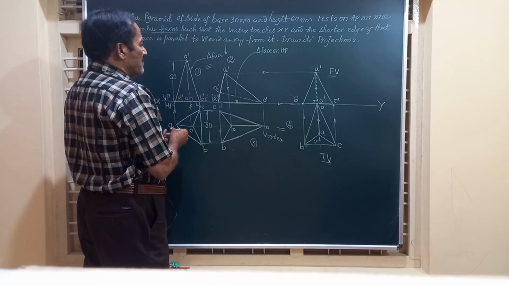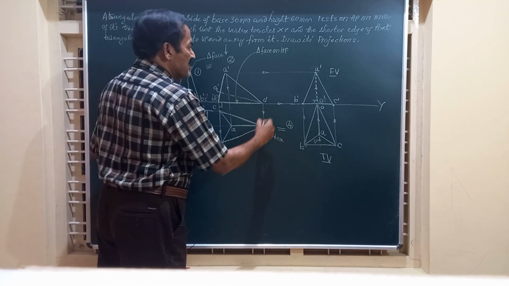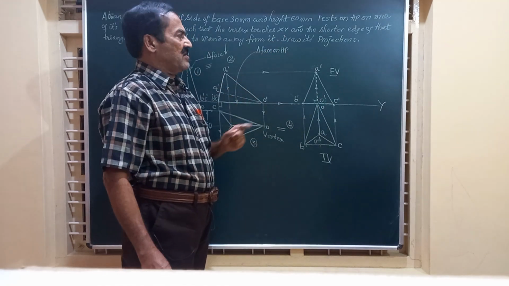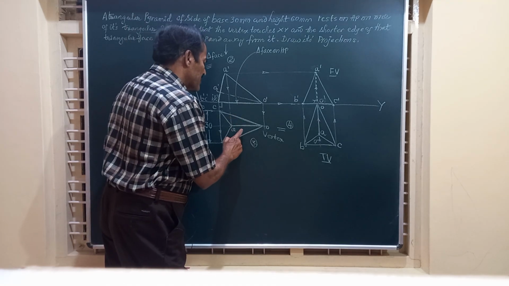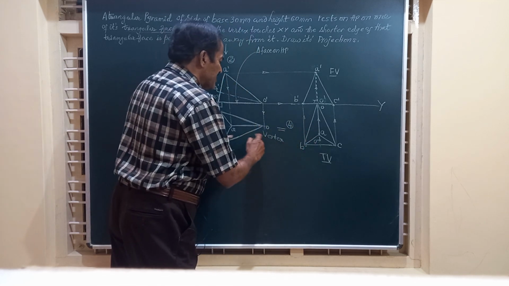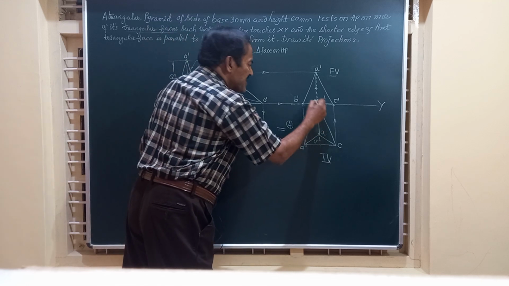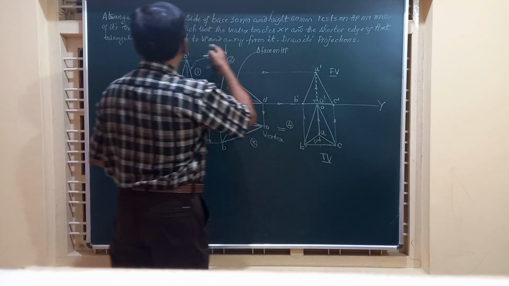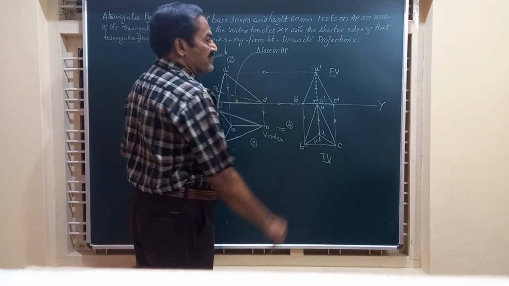And as per the problem, the vertex of the solid has to touch the XY line. The XY line is the line of intersection of VP and HP. So I have redrawn figure number 3 as figure number 4, and these two are exactly identical, with the vertex O touching the XY line, and the shorter edge parallel to VP and away from it.